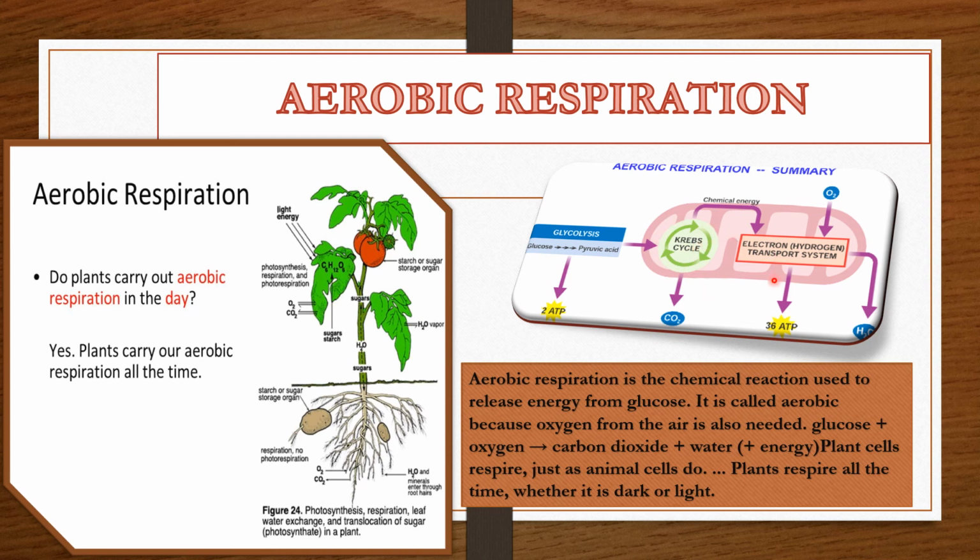And the third step is electron transport system. 2 ATP energy produced at the time of glycolysis and 36 ATP energy produced at the time of electron transport system. So in total 38 ATP energy is produced like this at the time of aerobic respiration in plants.